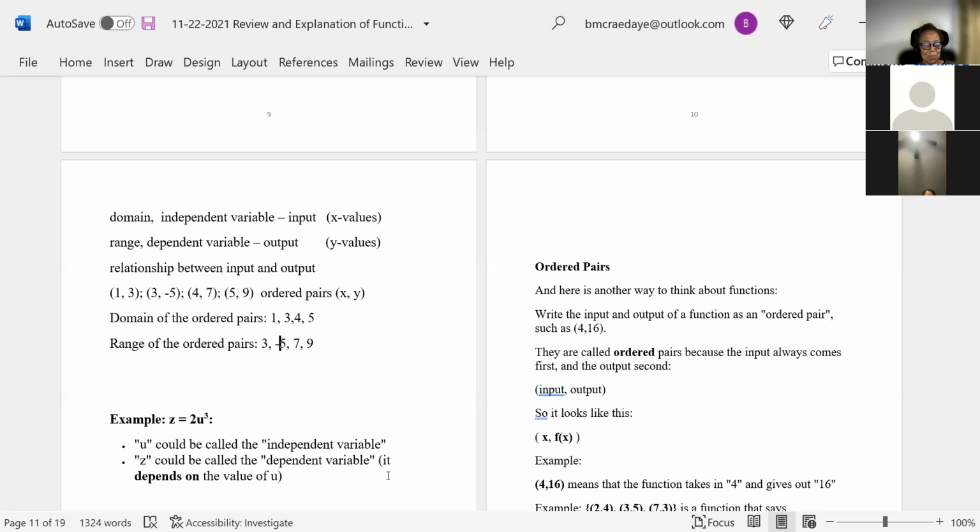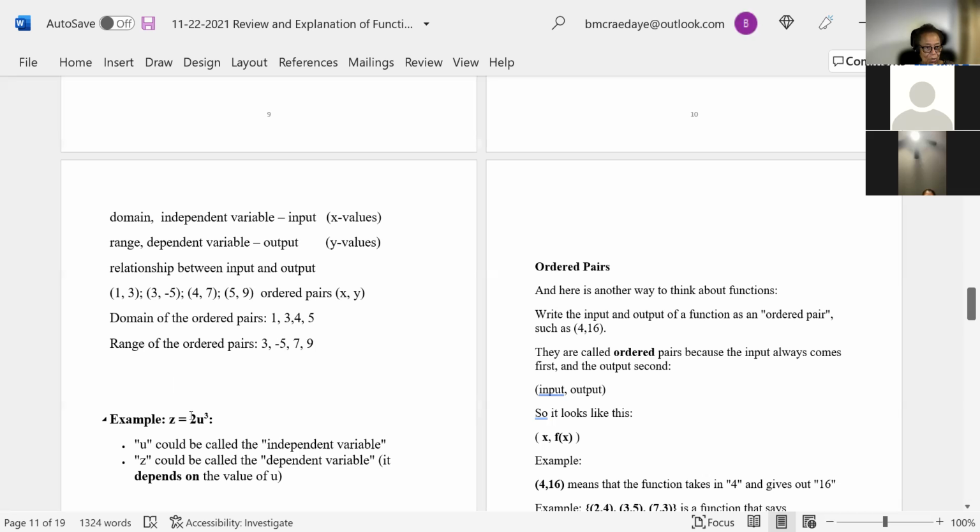Look at it this way: on the left side, Z is dependent upon the variable u. So the Z output is dependent upon the input u, u being the independent variable that affects my output variable Z, which is my dependent.